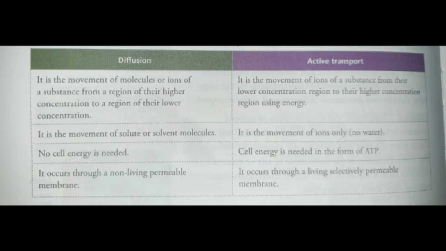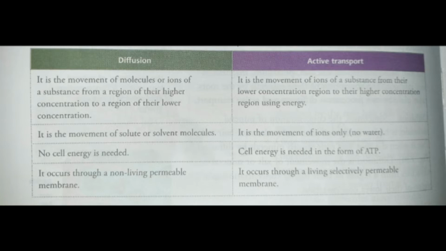Diffusion is the movement of solute or solvent molecules, but active transport is the movement of ions, not water. In diffusion, no energy is needed, but for active transport, cell energy is needed in the form of ATP, that means adenosine triphosphate.